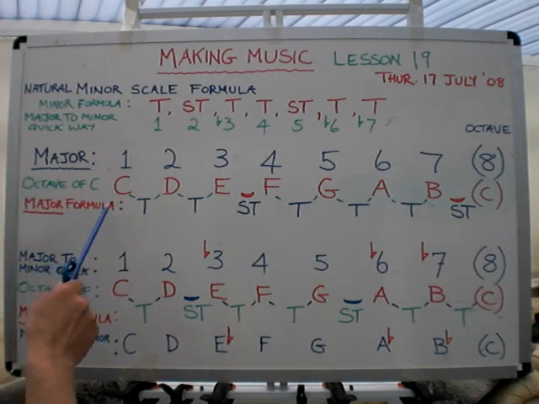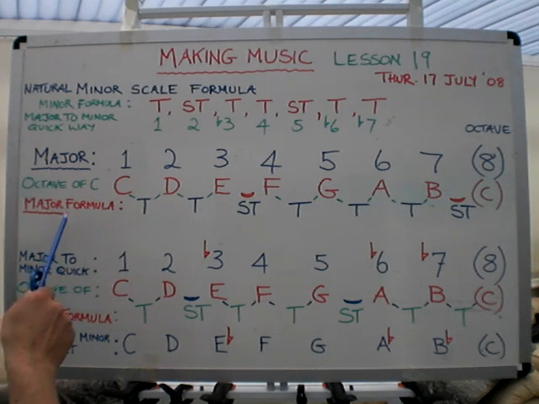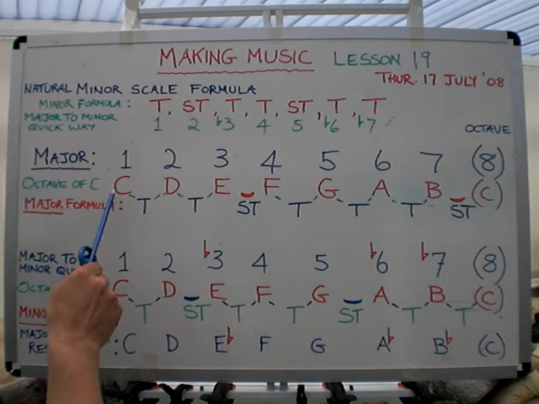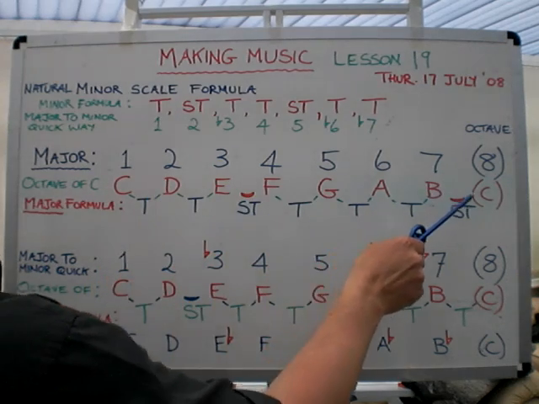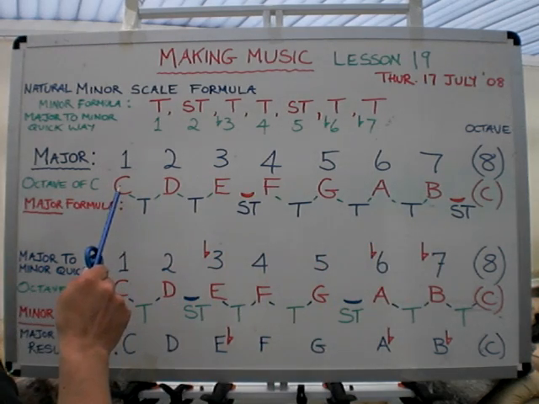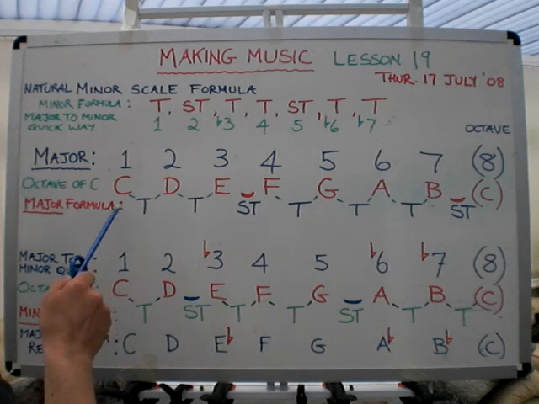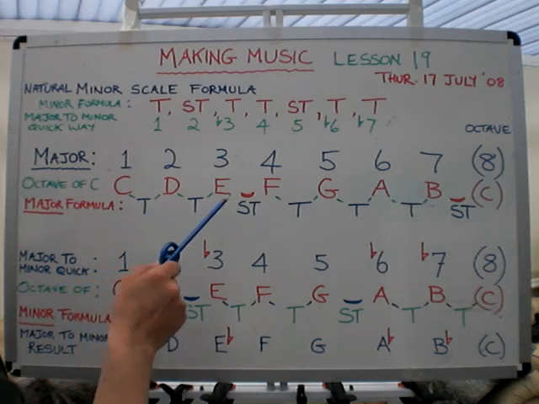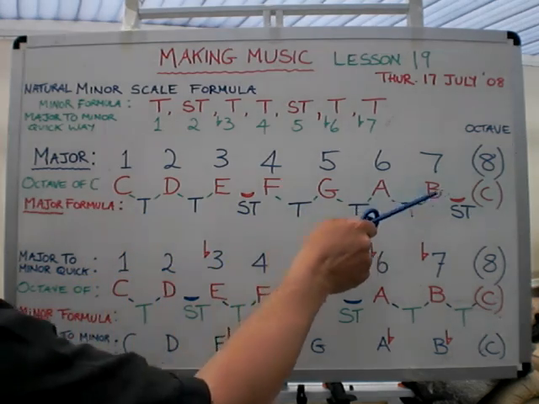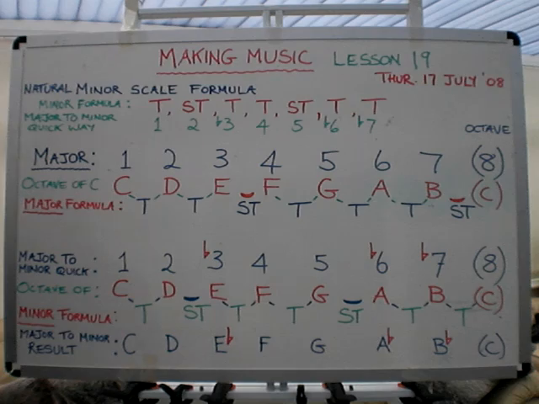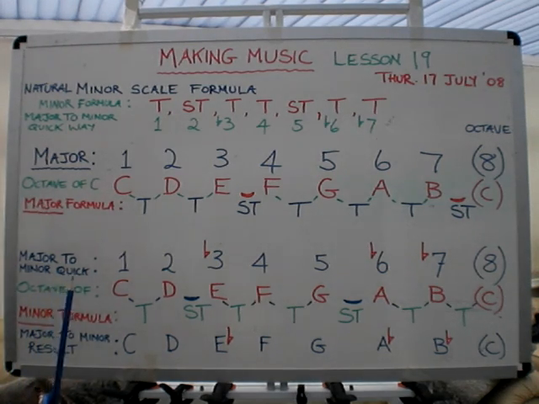This was the major formula, and we wrote a C octave from C to C, C, D, E, F, G, A, B, C. We applied this pattern to it on the piano. And we could see by doing that we did not land on any black keys, enharmonic black keys. Thus we did not produce any sharpened notes.